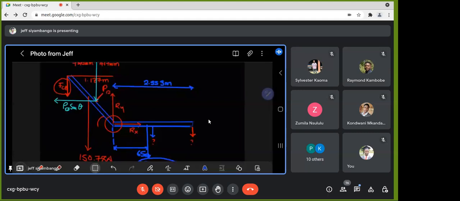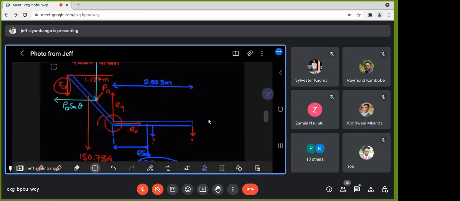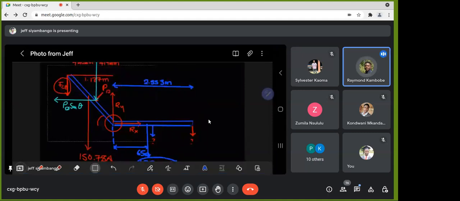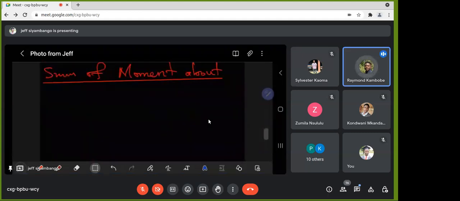So what happens if moments are evaluated about that point? I have a question. Go ahead. I have two actually. The first one being FCB. Where is FCB? I can't seem to find it in the question.